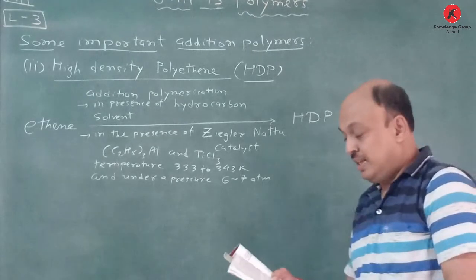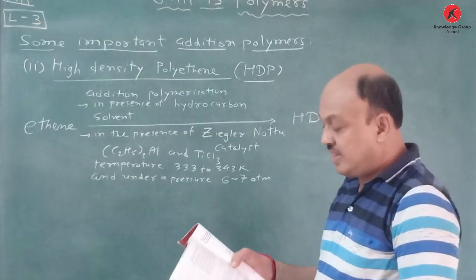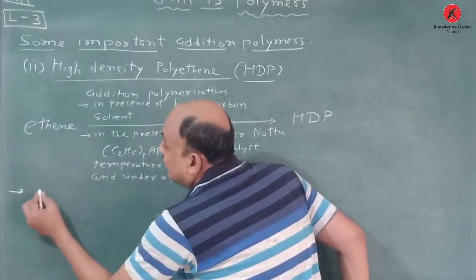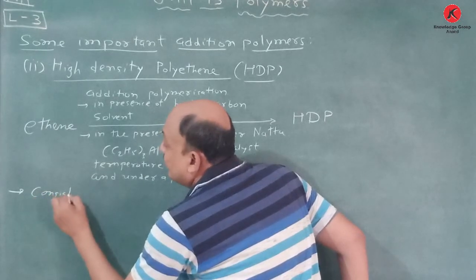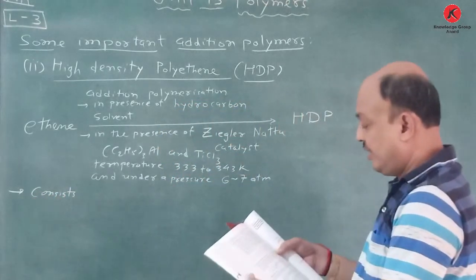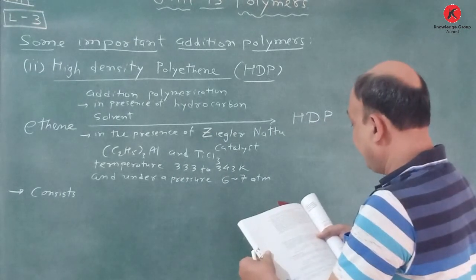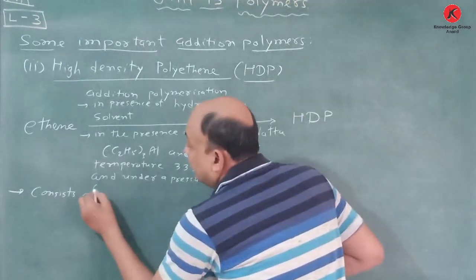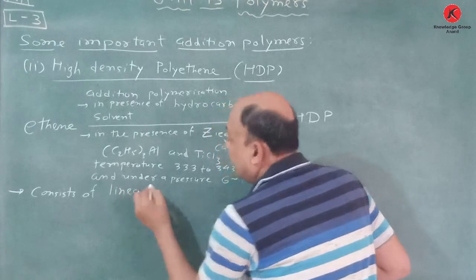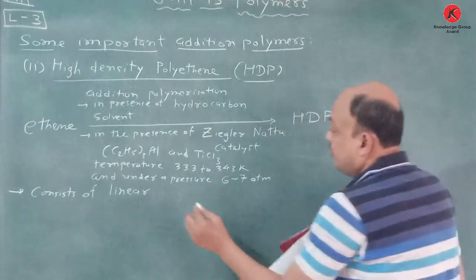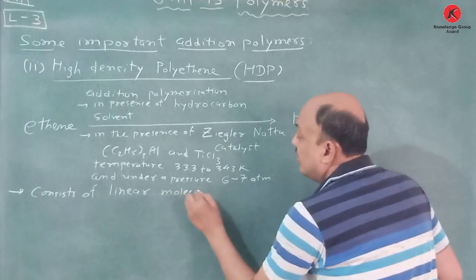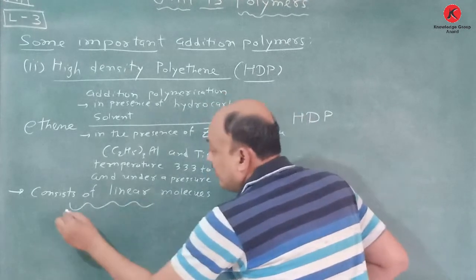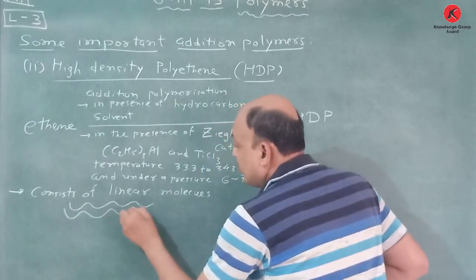Okay, fine. Next one. Here it consists of linear molecules as shown below. Here it is written, yes, high density polythene consists of linear molecules, just like this way.